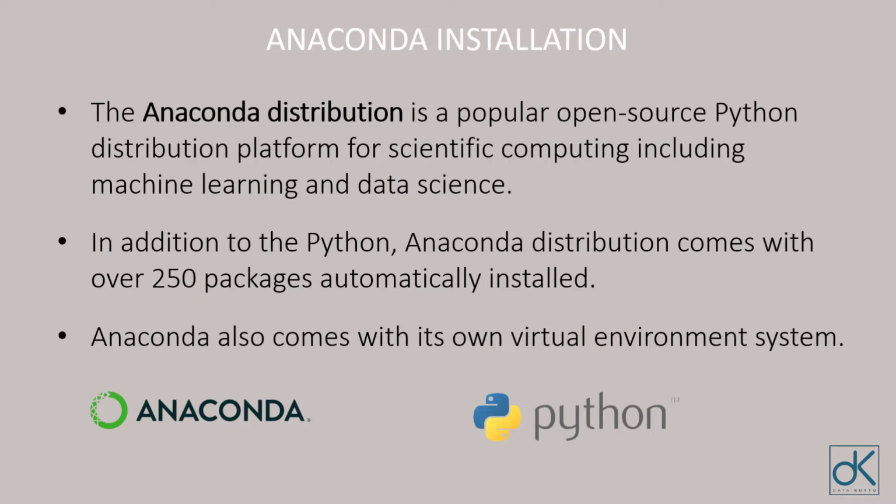Anaconda also comes with its own virtual environment system, which we'll see later. So the purpose of using Anaconda is that it installs the right version of Python, comes with the important data science packages pre-installed, has its own virtual environment, and it's easy to install and use.